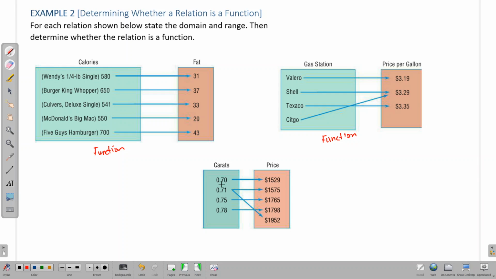Okay, then if we look at the last one here, this one is not a function, and it's because of 0.71 carats. It's getting mapped to 2 separate prices. We have a single input that is mapped to 2 different range elements. So this one is not a function.